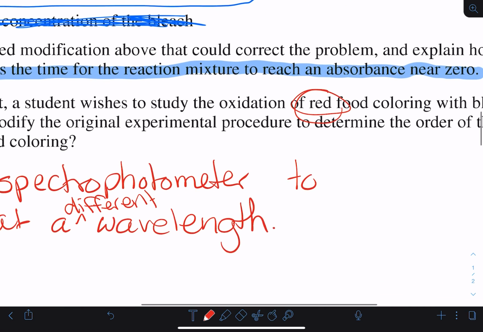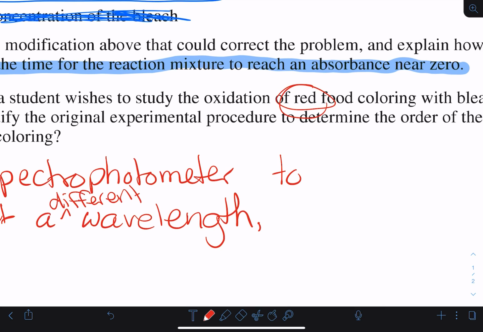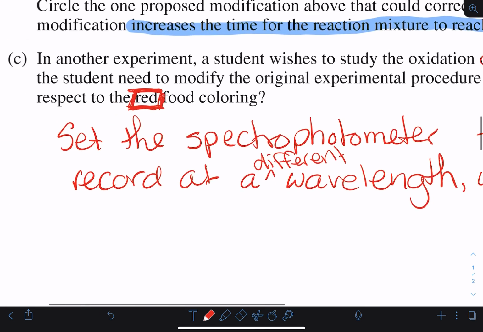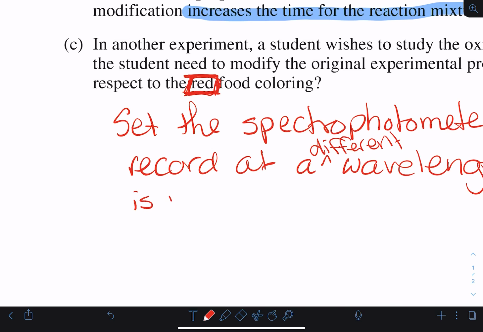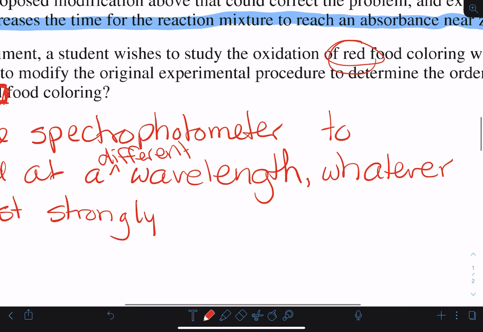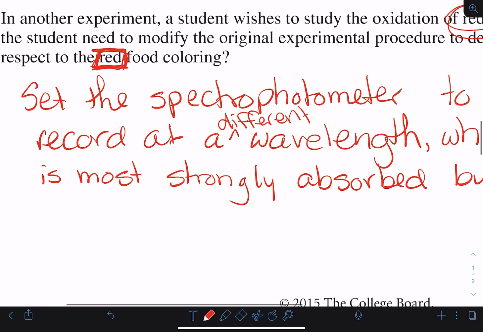And you might want to throw in whatever is most absorbed by the red dye, or most strongly absorbed. But that is a totally good and complete answer.